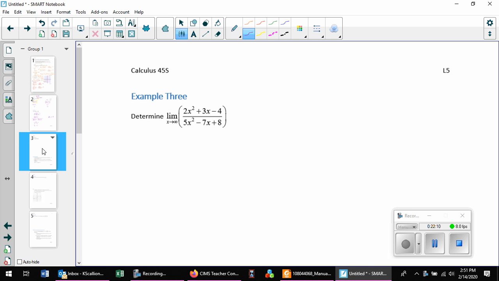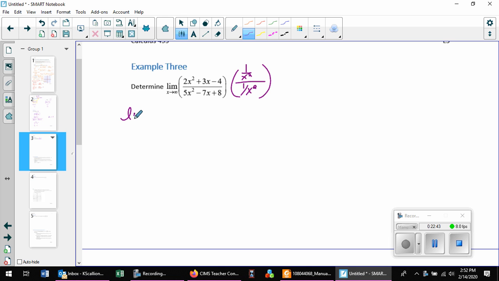Highest degree is 2. So now instead of multiplying everything by 1 over x, we're going to multiply it by 1 over x squared. You always multiply it by the highest known truth degree. So we're 1 over x squared, 1 over x squared. All right, you guys ready for this? Okay.